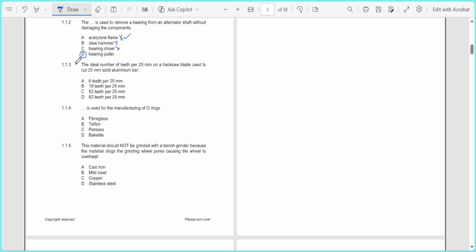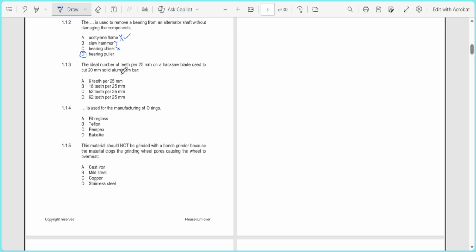Now for 1.1.3, let's go through this. What is an ideal number of teeth per 25 millimeters on a hacksaw blade used to cut 20 millimeter solid aluminum bar? Aluminium, first of all, is a very soft material, especially when it comes to using a hacksaw blade on it.